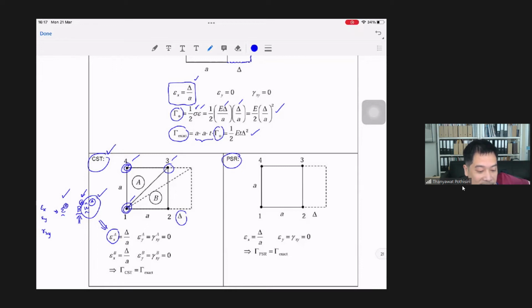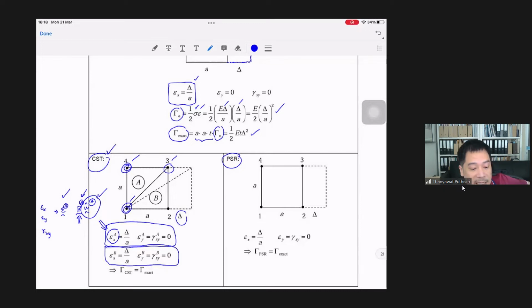You can obtain all this for element A based on the B matrix and the nodal displacements. Same thing for element B.